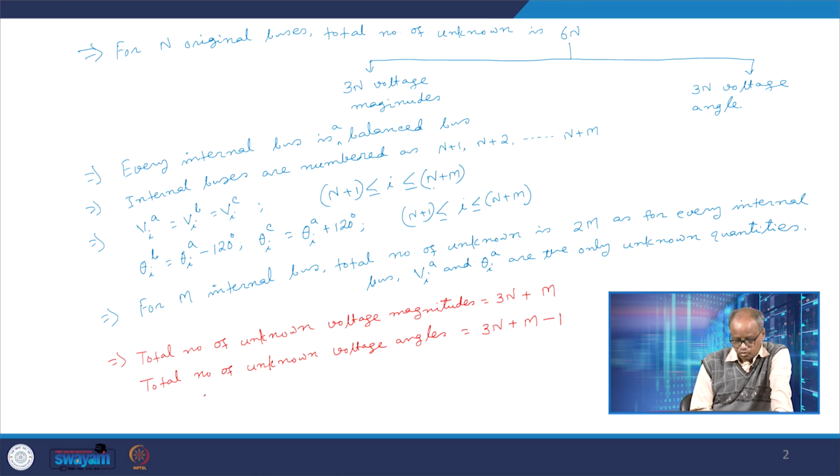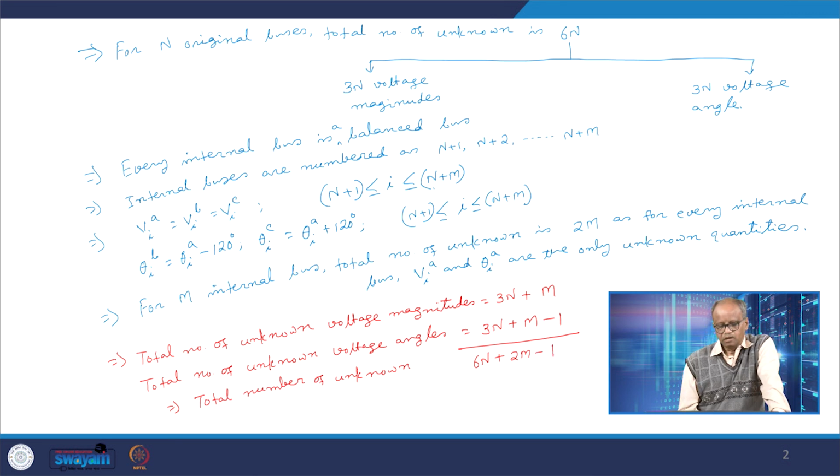Therefore, the total number of unknowns is now 6n plus 2m minus 1, right.